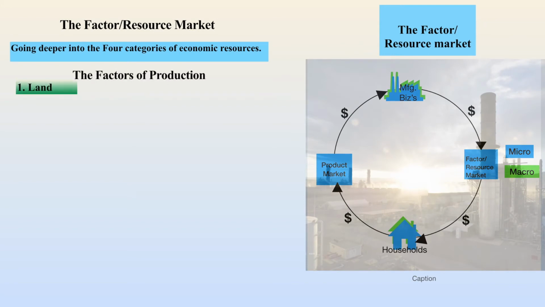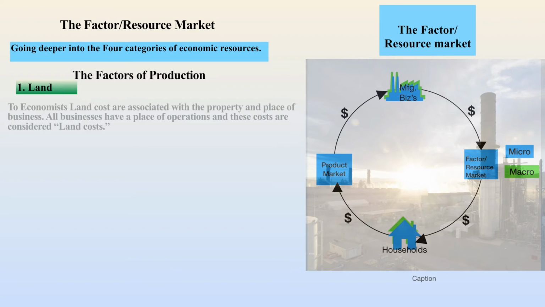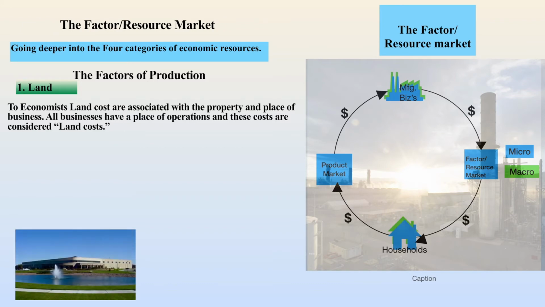So let's get a little deeper into the land costs of the factors of production. To economists, land costs are associated with the property and place of business. All businesses have a place of operations, and these costs are considered land costs.